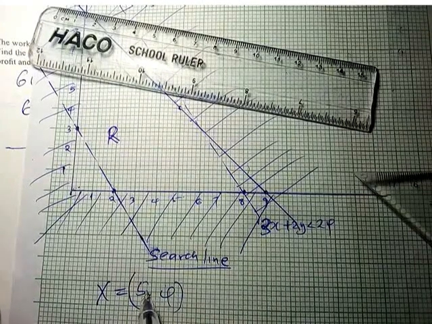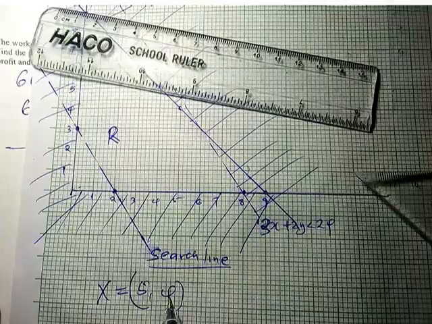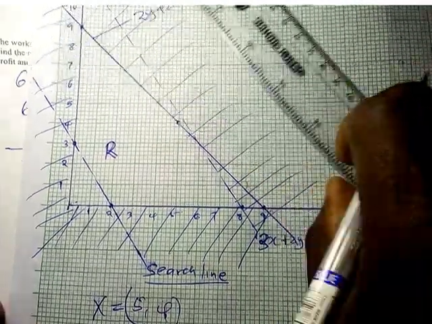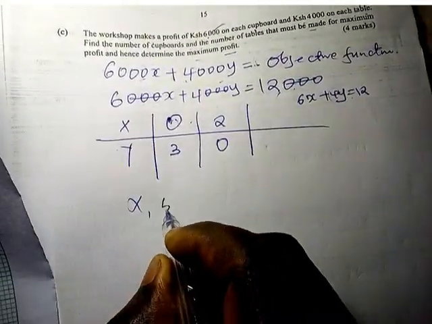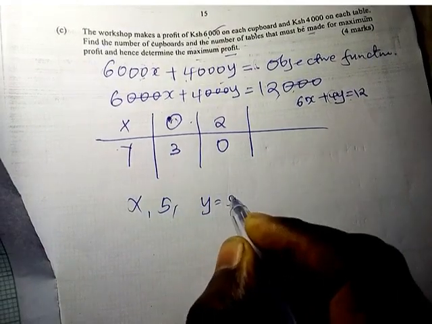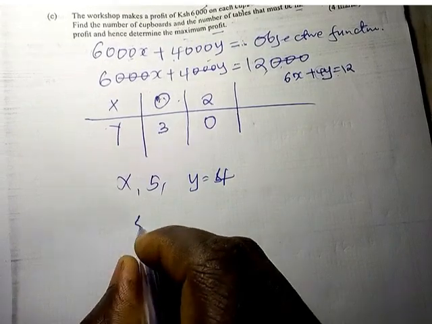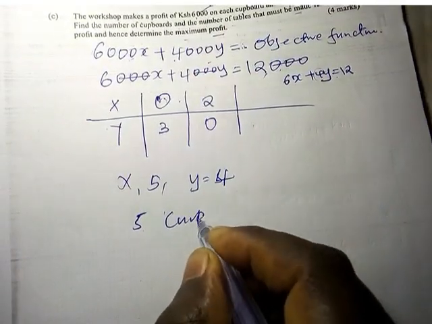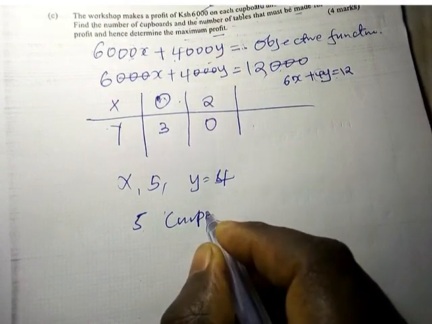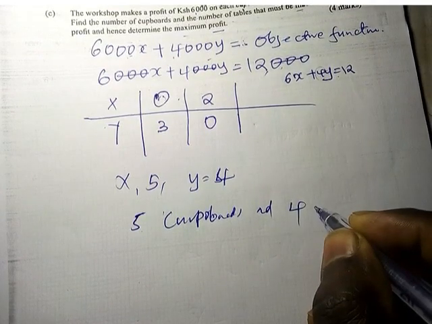So we will need 5 cupboards and 4 tables. Now we take this information here: x is equal to 5, y equal to 4. So that means we get the maximum with 5 cupboards and 4 tables.